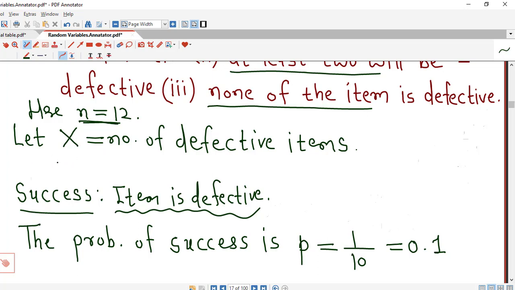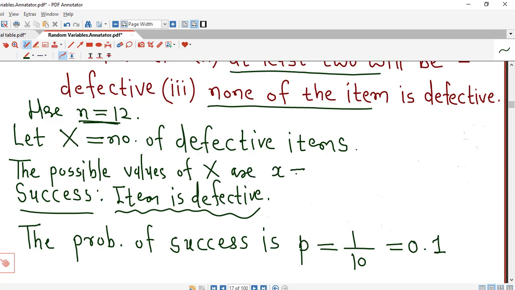So here if we define capital X equal to the number of defective items, then the possible values of the random variable X are as follows. We have 12 items and X is the number of defective items.